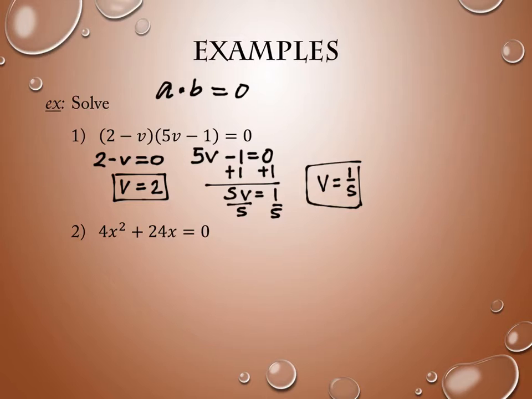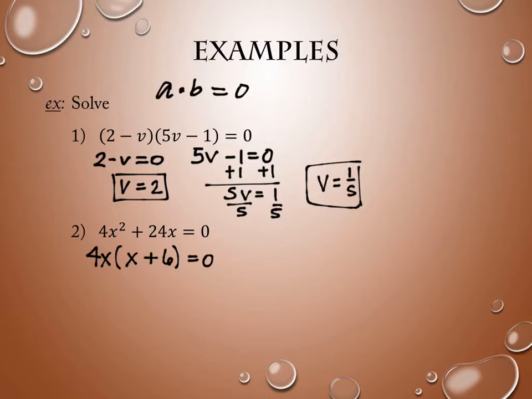And on this one, it does. So what is in common to both terms on this particular problem? 4x. So we'll factor out a 4x from each part. If I take 4x squared and I take out a 4x, what am I left with? Yeah, x, and then the 24x would be plus the 6.